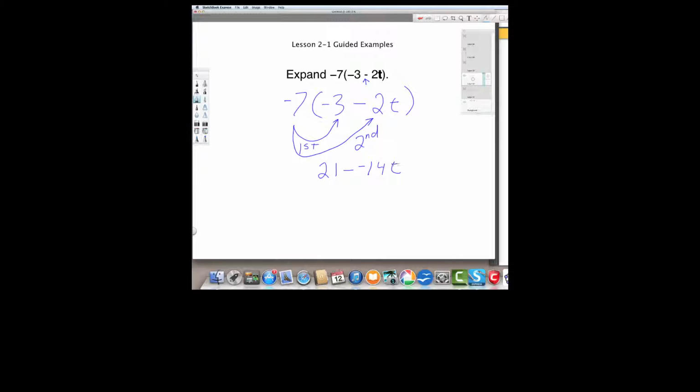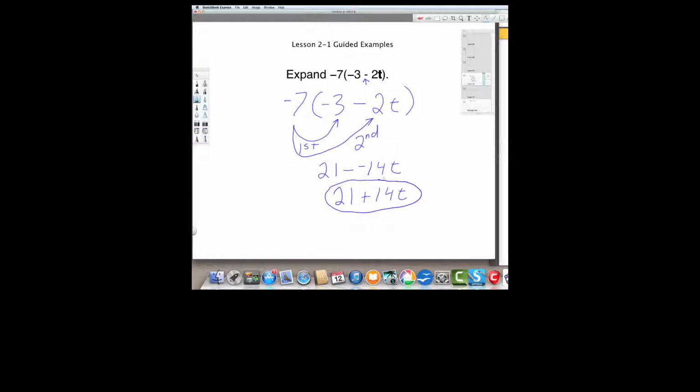This is an operation sign, that's a subtraction sign. This is the negative sign. So this is minus a positive 2t, and now I'm multiplying it by a -7. I have a -14t. I don't want to leave it like this. A negative is a positive. So 21 plus 14t is our expansion. And circle your answers when you're done, please.